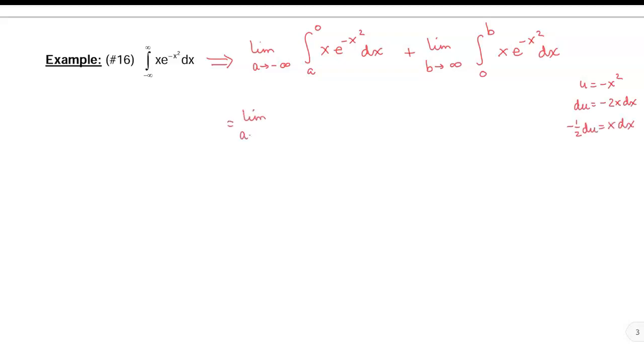Keep your limit in your work. I'm going to write the antiderivative.